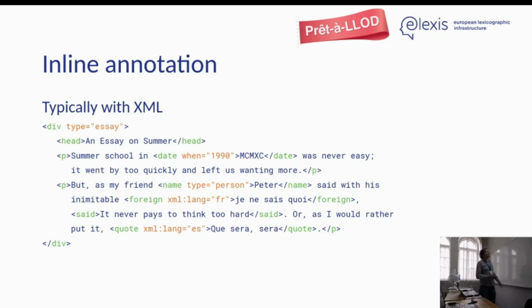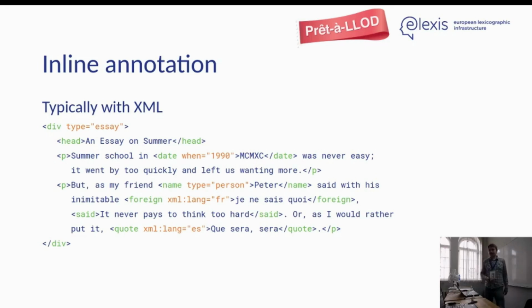And this is, I believe, some kind of TEI data. So here we have a text. And then what we do is we introduce certain XML tags in order to indicate certain things. Like here, this bit of text, MXC, is a date, and then someone's translated it to 1990. Here, this is foreign text in French, je ne sais quoi, and so forth.